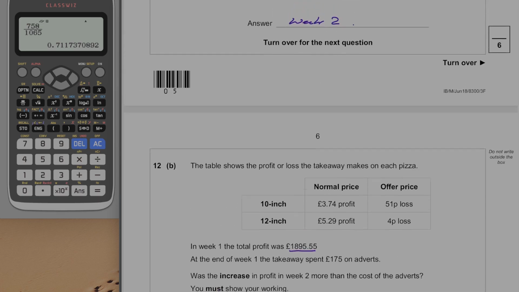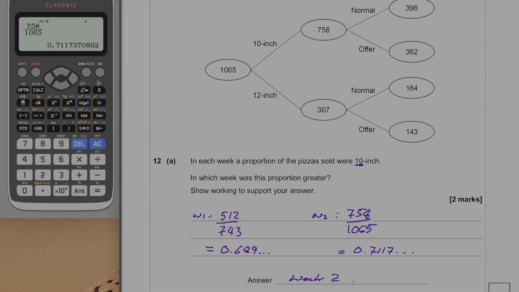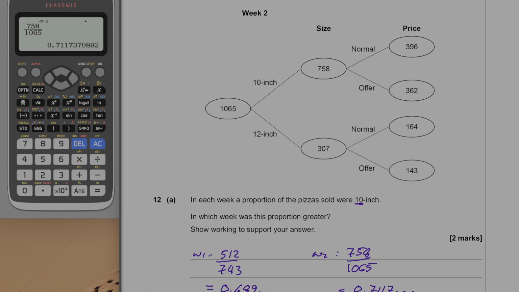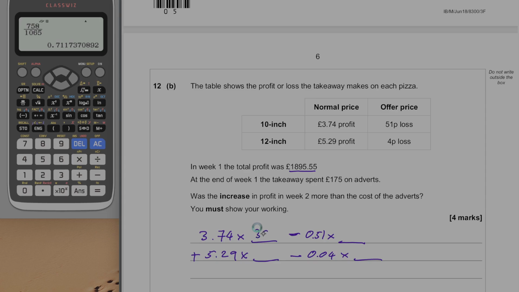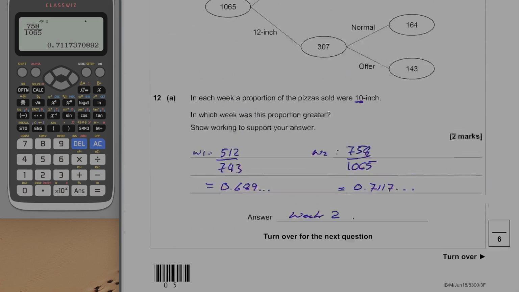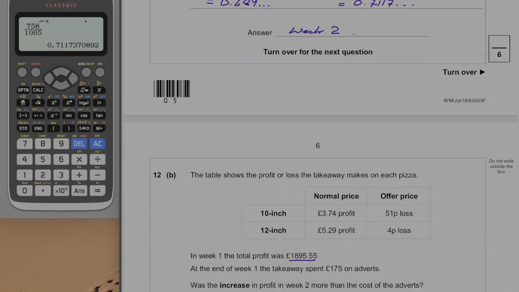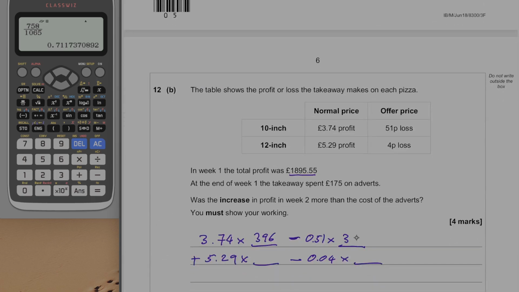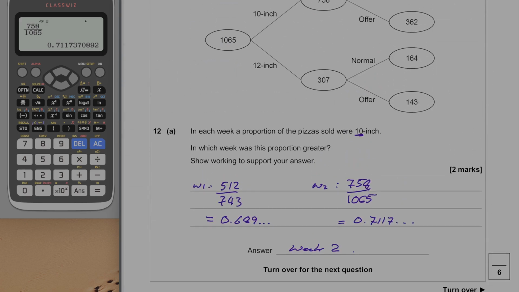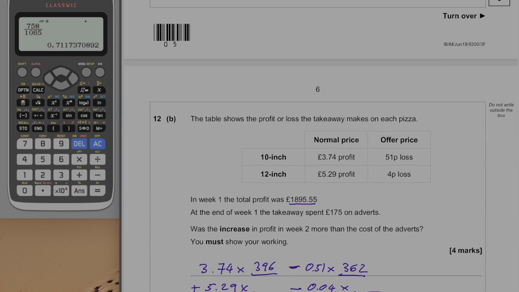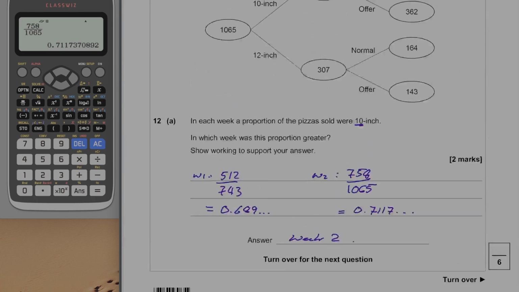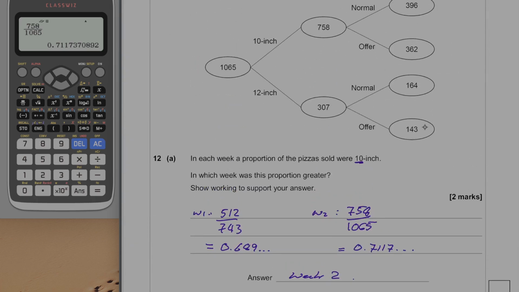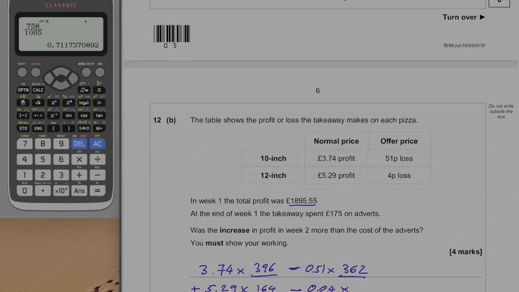Right, now I need to find the numbers. 10-inch normal was 396, so I need 396 there. The number that had the offer, 362. And then for the other one, I've got 164, and I've got the offer of 143.